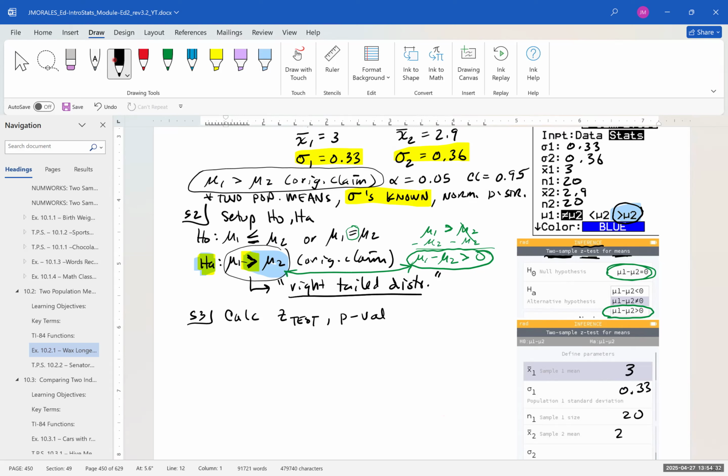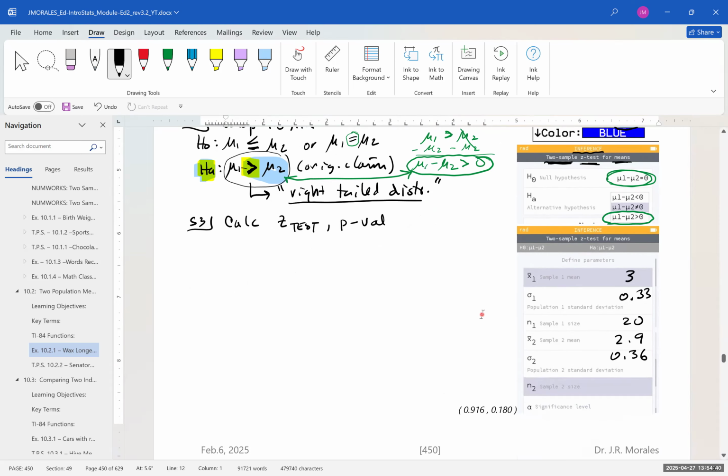X bar 2 is 2.9, sigma 2 is 0.36, and the sample size of the second sample is 20, with a significance level of 0.05.